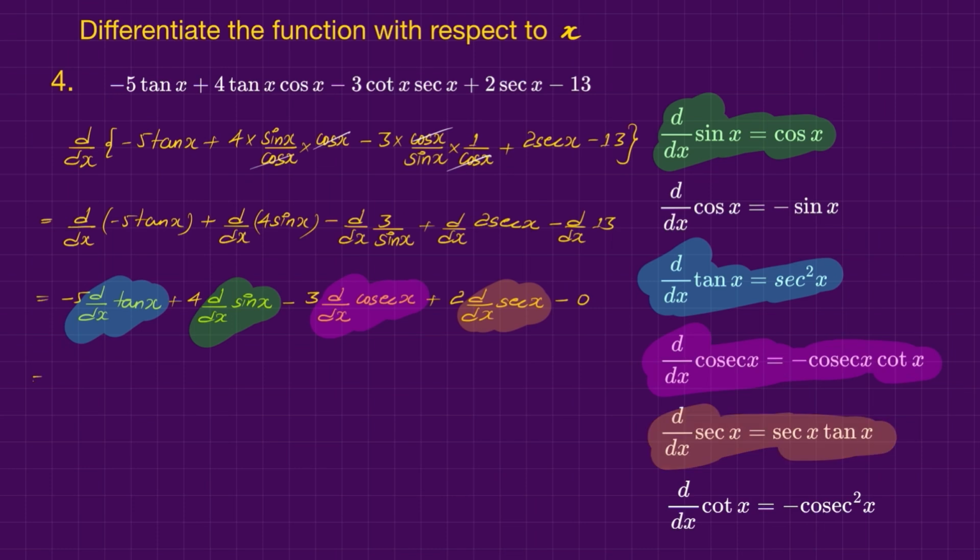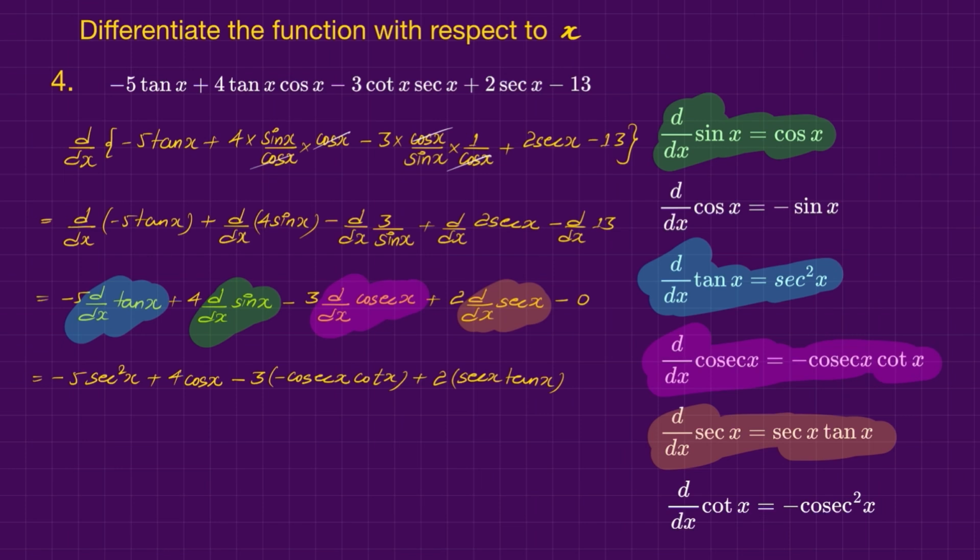So it will be minus 5 times d/dx of tan x, which is sec square x, plus 4 times d/dx of sin x, which is cos x, minus 3 times d/dx of cosec x, which is minus cosec x cot x, plus 2 times d/dx of sec x, which is sec x tan x, minus 0.